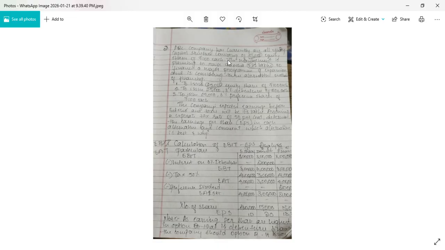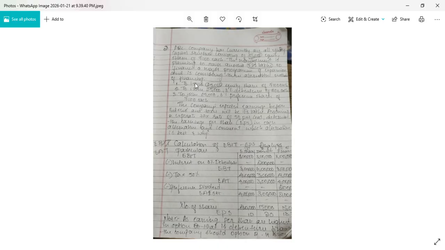In continuation, the management is planning to raise another rupees 25 lakhs to finance a major program as its expansion, and it is considering three alternative finance. So here we have three alternatives in order to raise another 25 lakhs rupees. So totally one by one we'll discuss.